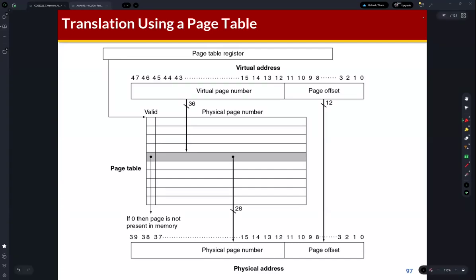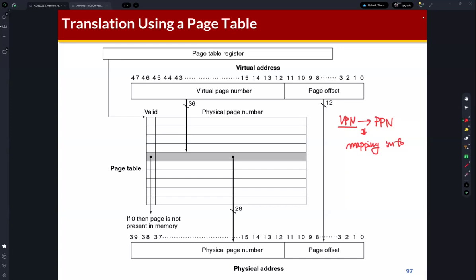We learned that when a virtual address is translated into a physical address, it means that the virtual page number, the upper bits, needs to be translated into the physical page number, right? And for this translation, we require mapping information.